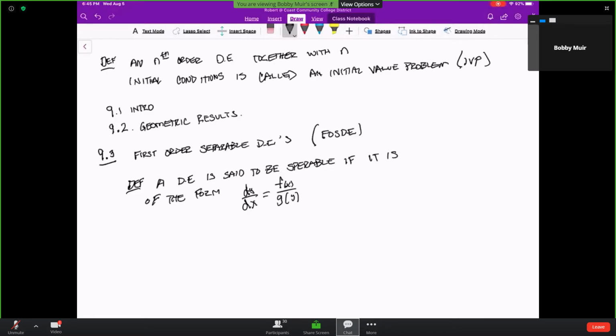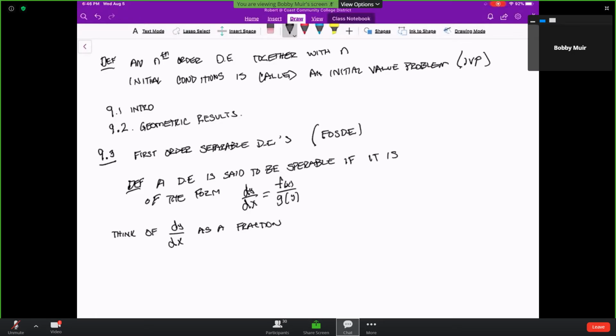Now, the reason for the word separable is because if this is the case, you think of dy dx as a fraction.